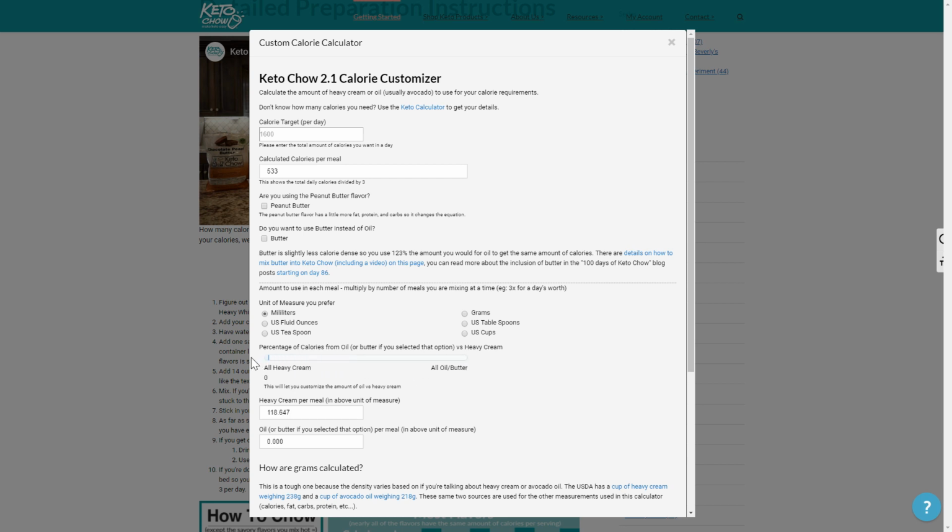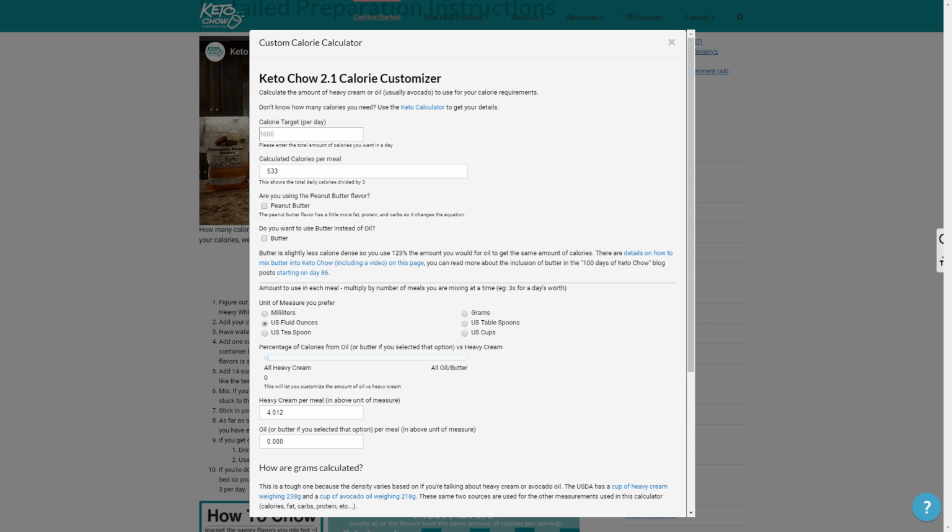So for instance, if I'm doing milliliters and I want to do heavy cream to get 533 calories per meal to give me 1,600 calories a day, I need 118 milliliters of heavy cream per meal. That translates to, in case you want to know, essentially 4 ounces of heavy cream.